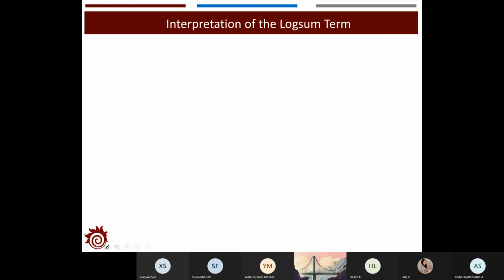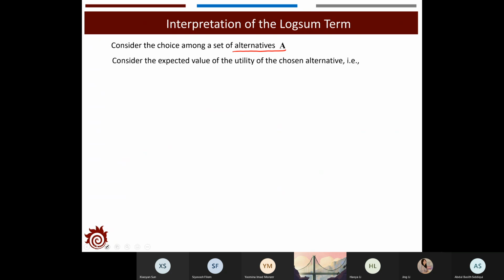So now let's give more details about the log sum term. Let's first consider a set of alternatives A, and we assume that the expected value of the utility chosen from the alternatives is set as U star.